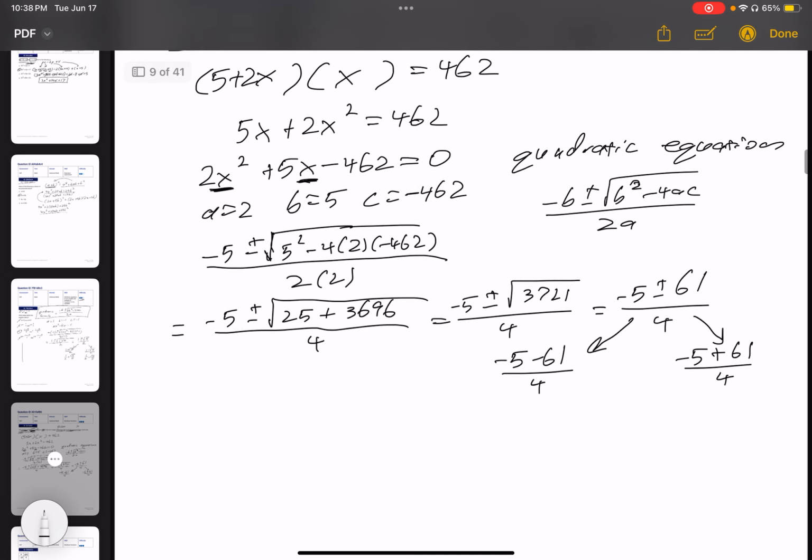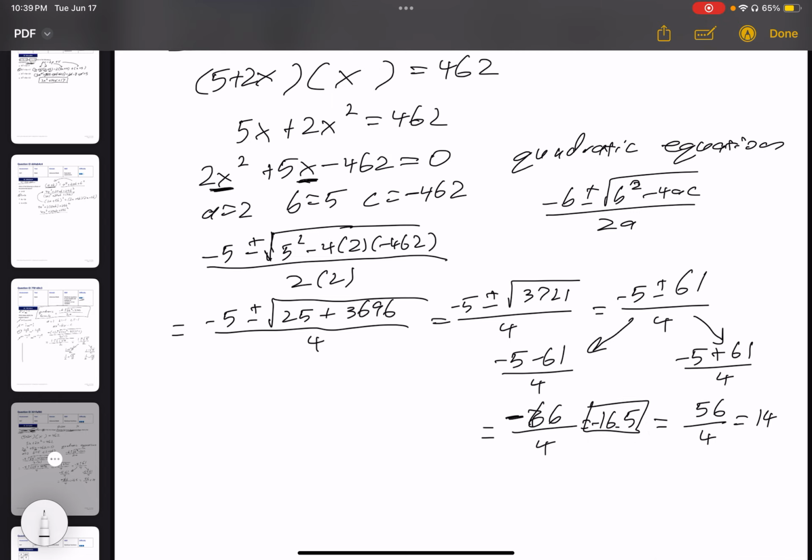So looking at this, we're going to get one of our answers as negative 66 over 4. And then the other one of our answers as 61 minus 5 is 56 over 4, which is equal to 14. And we'll simplify this right now, negative 66 divided by 4, which is negative 16.5.